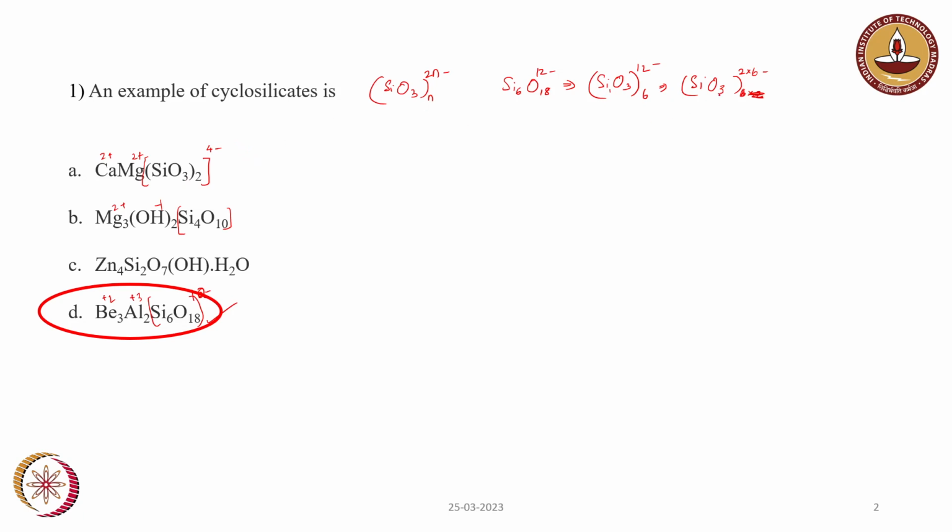So for the smallest cyclosilicate there should be 3 silicate units.